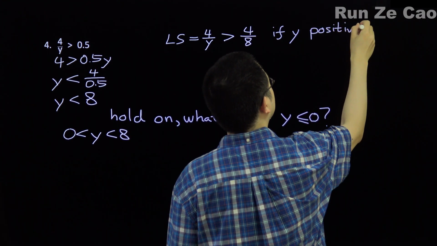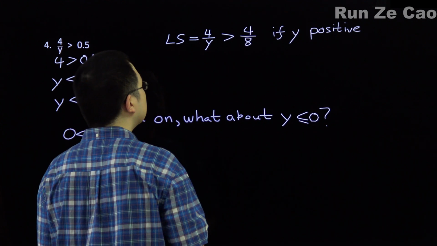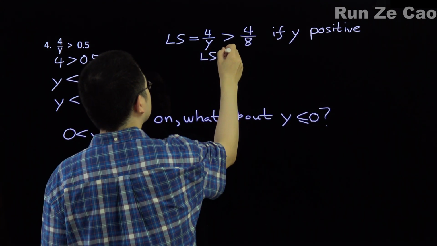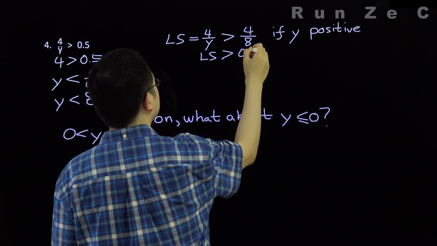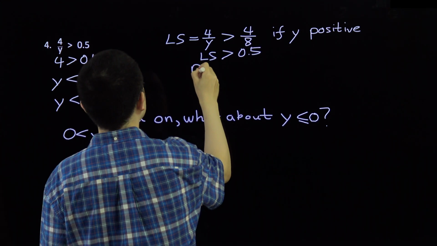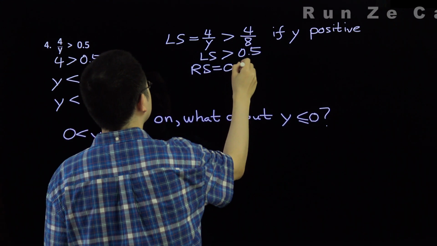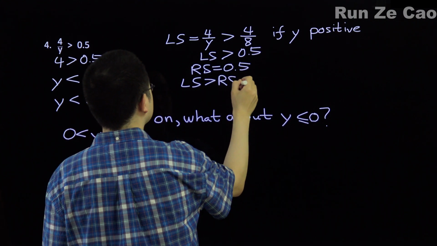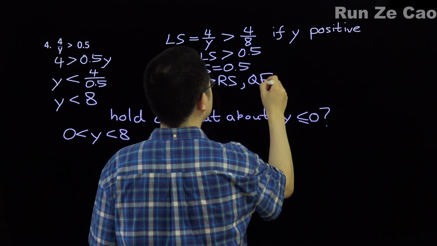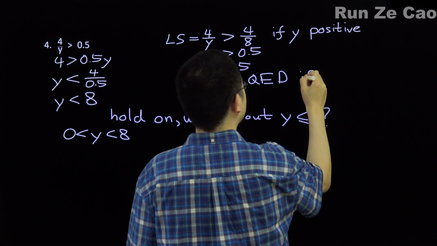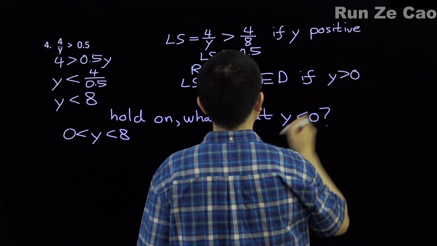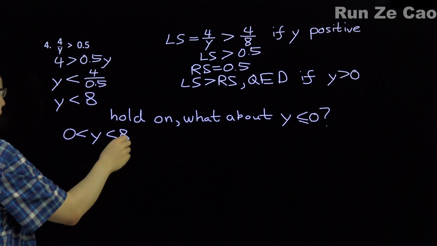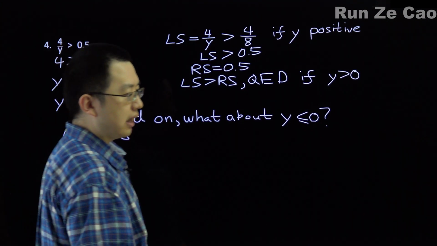Or you could just write if y is greater than 0. So left side is greater than 0.5. Right side is equal to 0.5. So left side is greater than right side. QED. If y is greater than 0. So the answer is y is between 0 and 8.